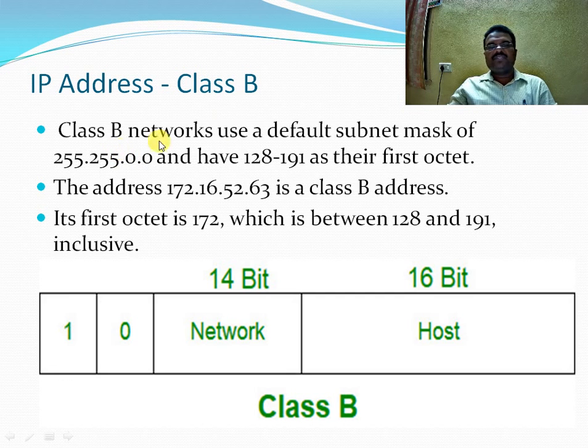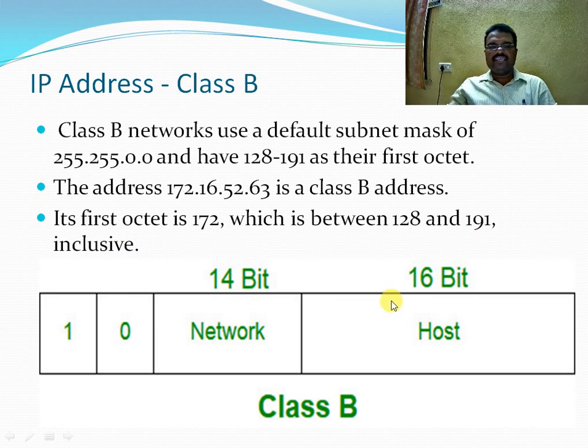Class B networks use the default subnet mask of 255.255.0.0 and have 128 to 191 as their first octet. The address 172.16.52.63 is a class B address. This is an example. Its first octet is 172, which is between 128 and 191 inclusive.